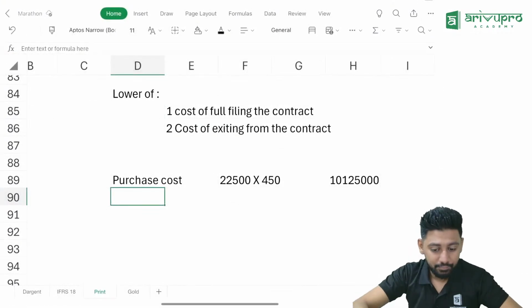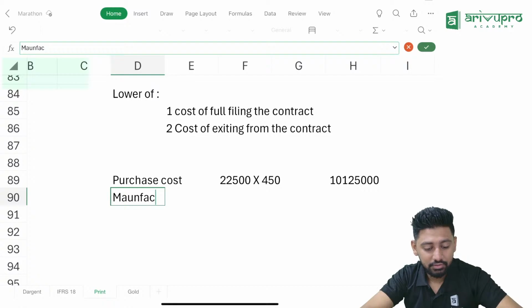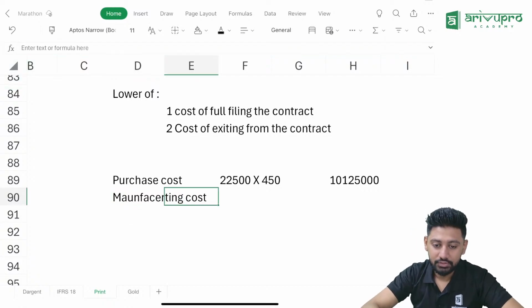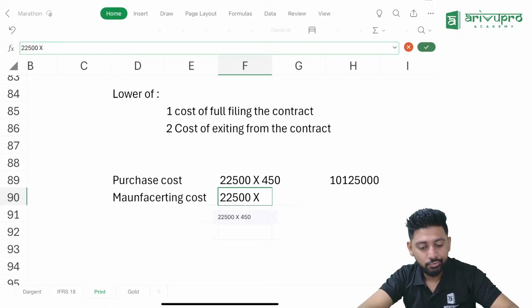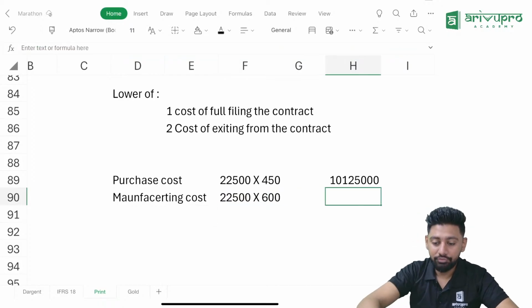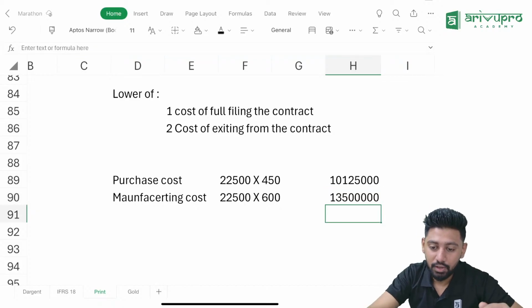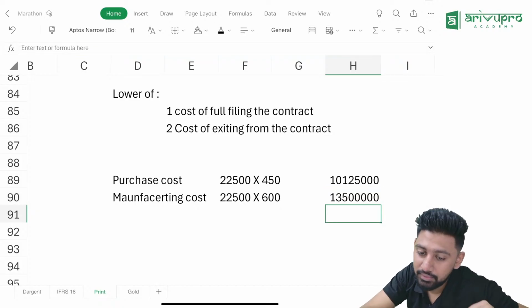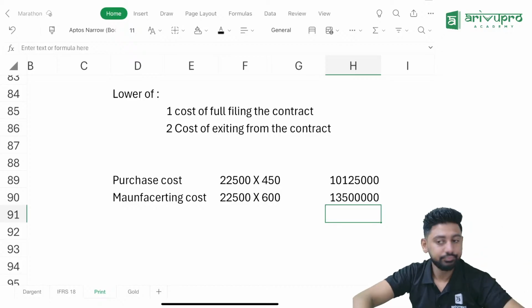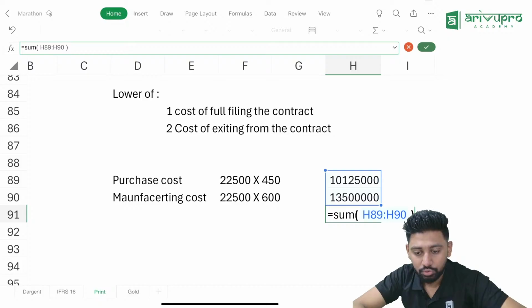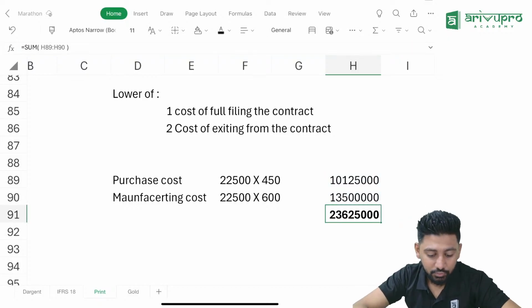So the alternative manufacturing cost will be 22,500 into 600. Therefore, 22,500 into 600 gives me how much? 13,500,000. Therefore, my total cost will be 23,625,000.